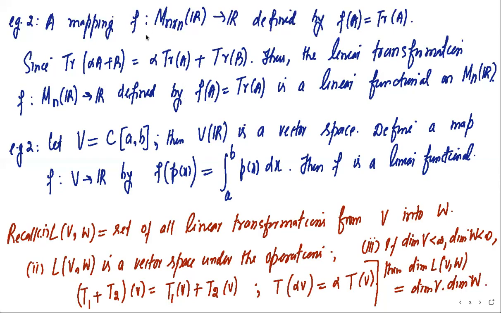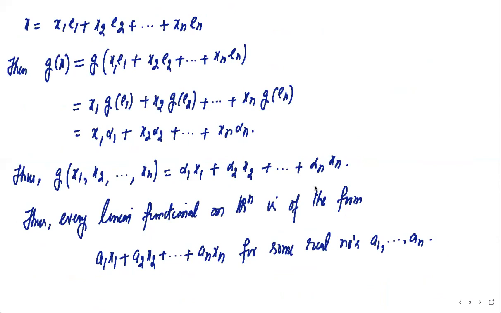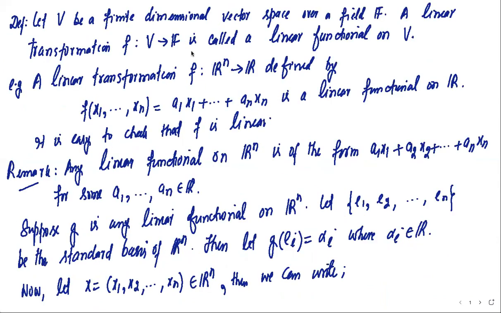So now let's come back to our linear functionals. Since we have a linear transformation from a vector space V into the underlying field, which is also a vector space, this kind of linear transformation is known as a linear functional.